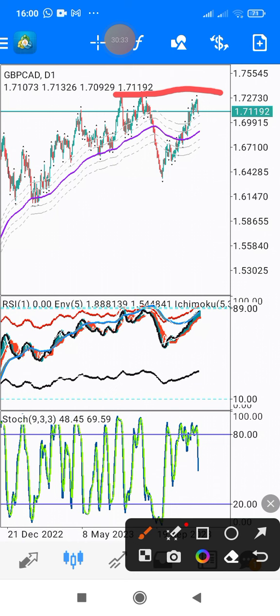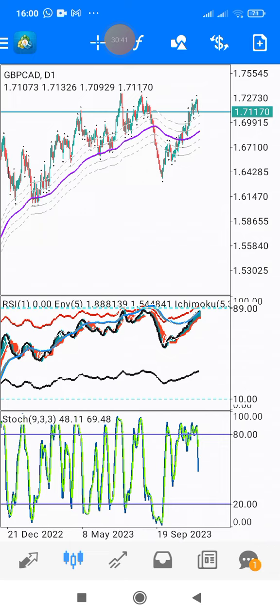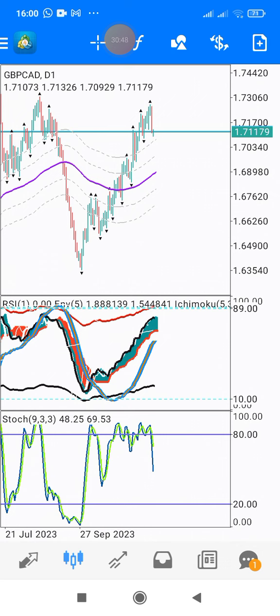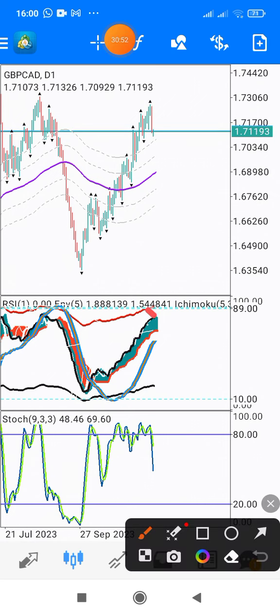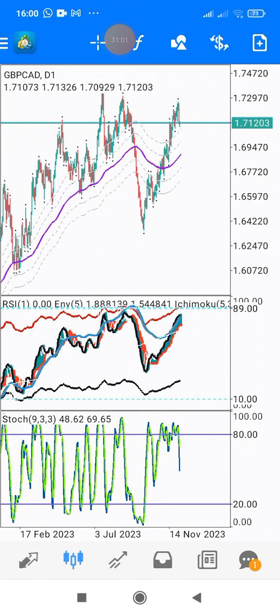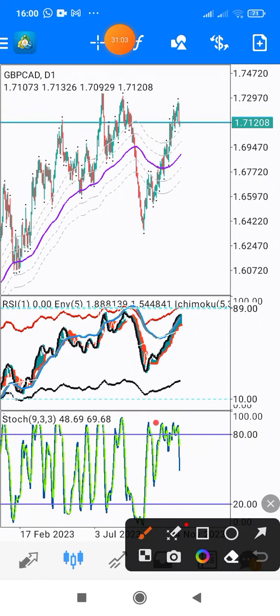For example, we cannot enter here until we see the formation of this red again, this color of Ichimoku. So we are waiting for a red color of Ichimoku to form again on this second leg. So we cannot make entries here.